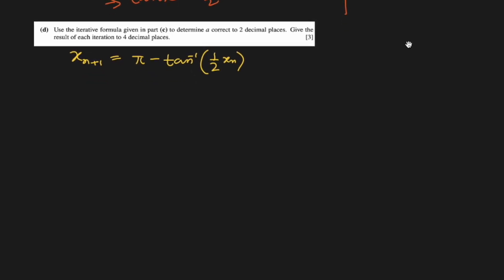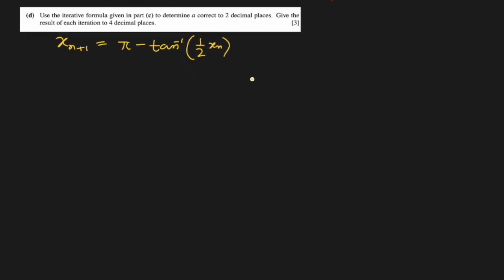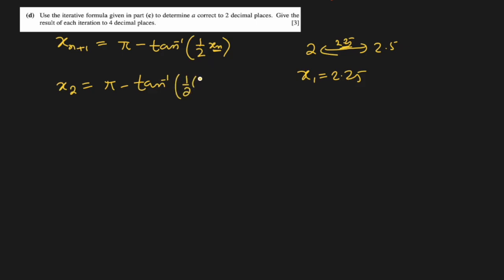Since we know the answer is between 2 and 2.5, let's start with the number exactly between 2 and 2.5, 2.25, as x1. So x2 equals pi minus tan inverse half of 2.25. Just use your calculator and you will get your answer. x2 comes out to be, in my case, 2.2974.